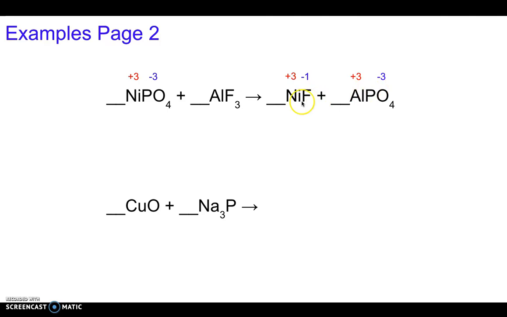Last up, we need to balance the charge here because look, we've got +3 and -1. So how many fluorines are we going to need to balance the charge? Well, we're going to need 3 fluorines. That's what will balance the charge. Okay, and so then let's count the number of atoms, see if those balance out.